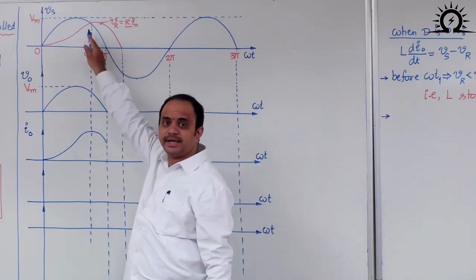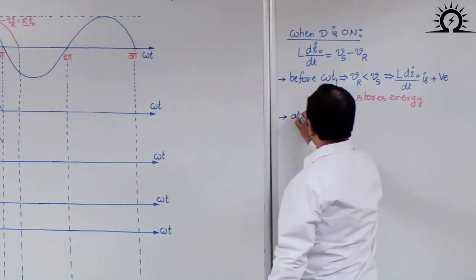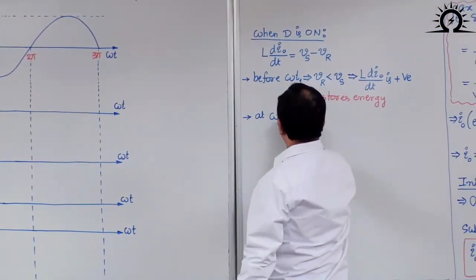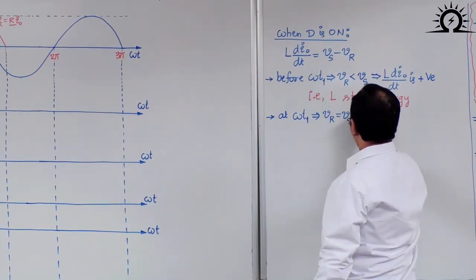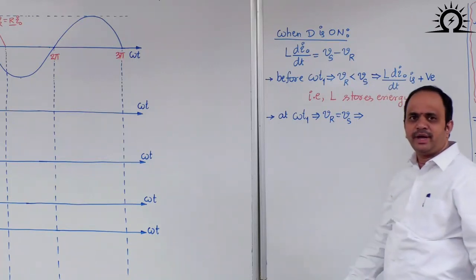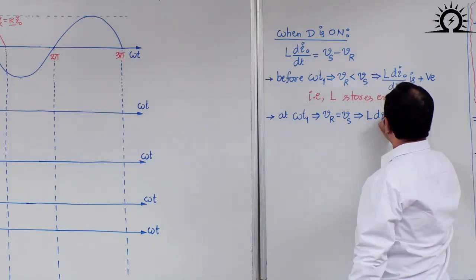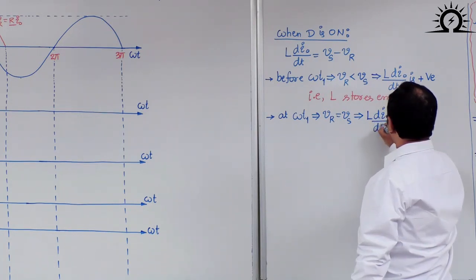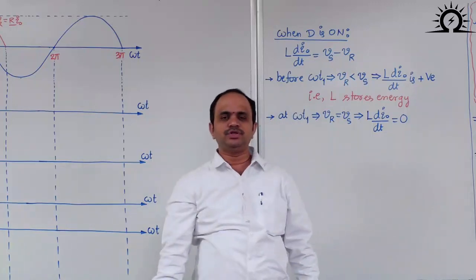If Vr is numerically equal to Vs, what do you mean by that? At omega t1, Vr is equal to Vs. Therefore, from that equation I can write L into di naught by dt is equal to 0.